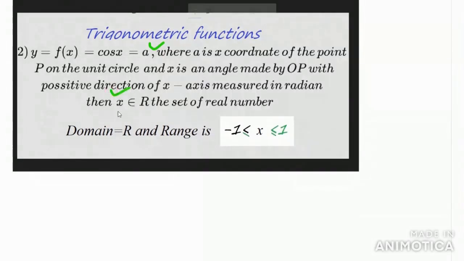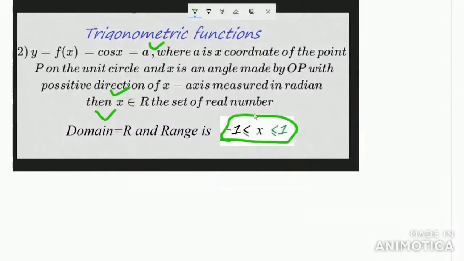Whenever x is any real number, cos x is defined, and cos x also lies between plus 1 and minus 1, and therefore here the domain is R and the range is minus 1 to plus 1, and you have to remember the domain and range of the cos function also. Next, let us define the other trigonometric functions using these two trigonometric functions.